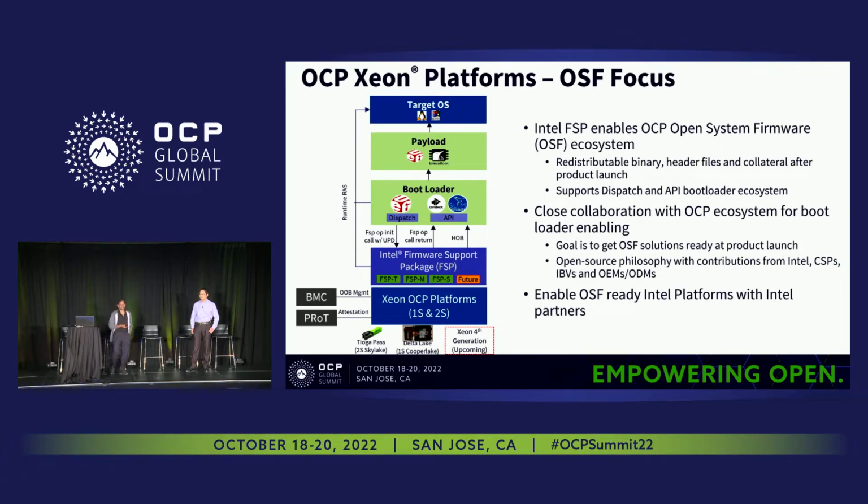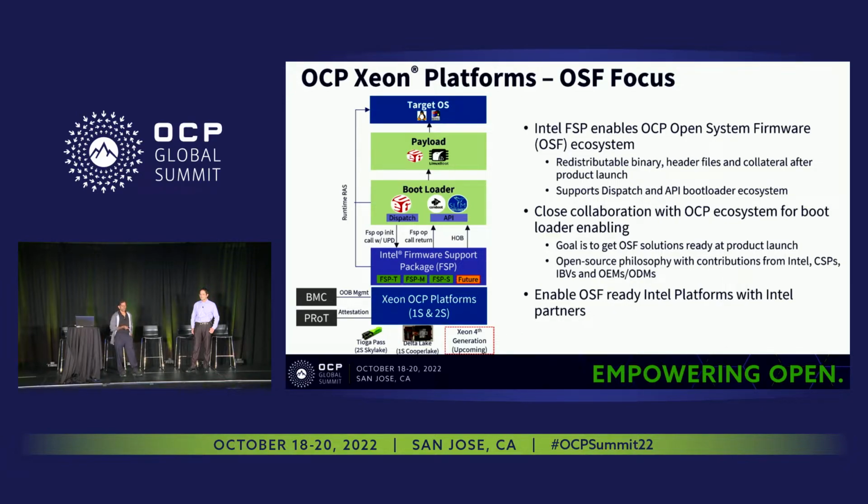On the Xeon platforms, as you already heard, Intel firmware support package lays the foundation work to integrate with a wide variety of bootloader code. This includes both Tiano core based as well as coreboot and Slim Bootloader, anything emerging.